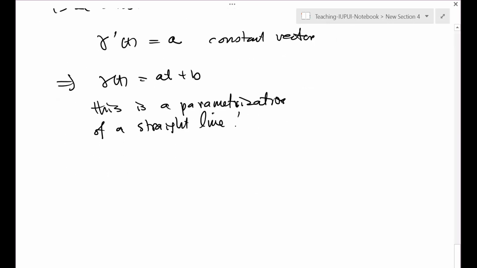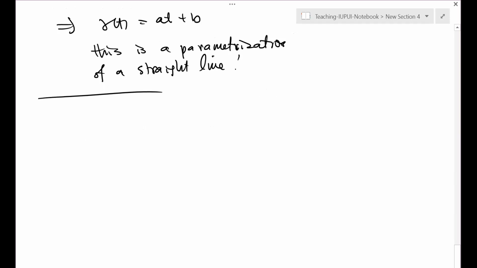Once we have the concept of the tangent vector, we try to derive the formula for the length of the curve. Let's try it. This is a curve.